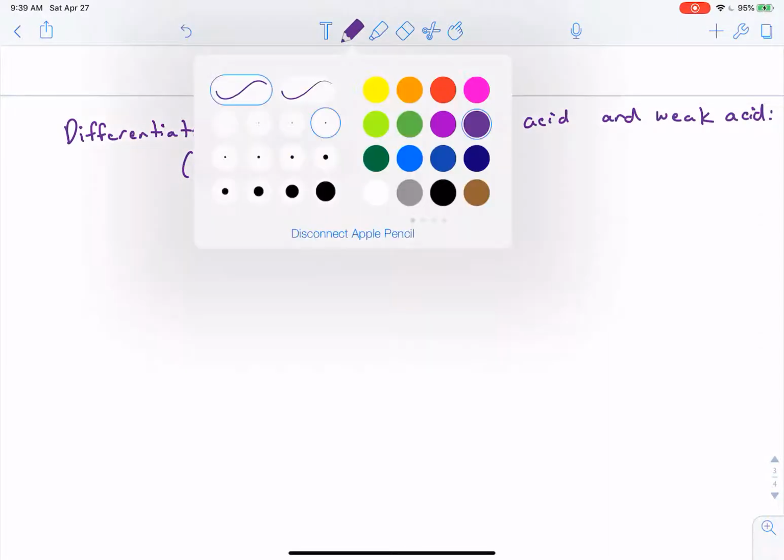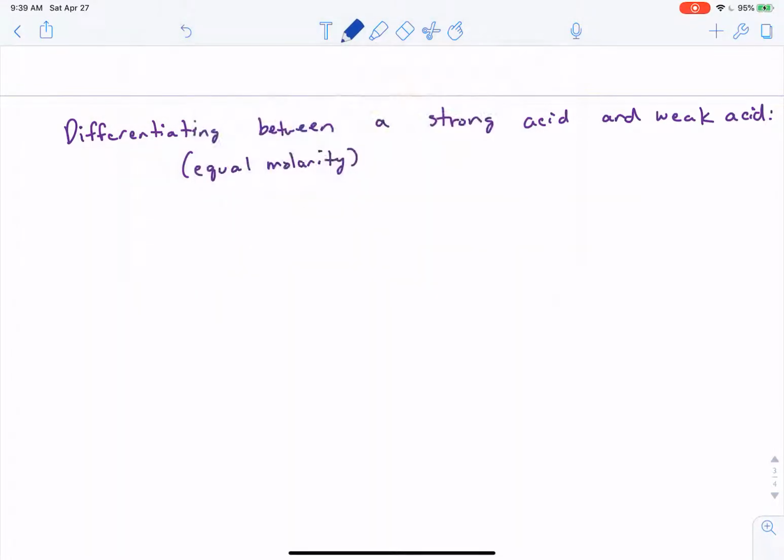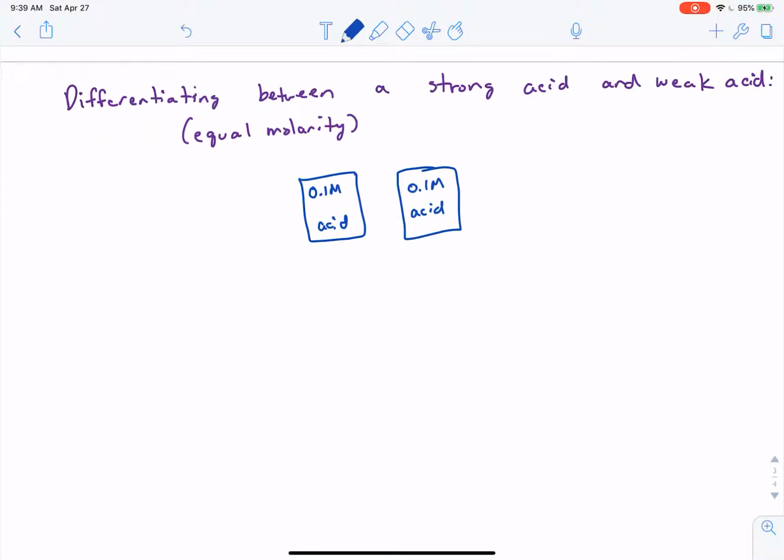Okay? And so if you have two beakers here of 0.1 molar acid and 0.1 molar acid, and what they usually say is other than pH, because they know that's the cop-out answer. Because if you measure the pH of the same molarity, your strong acid will be a lower pH because it dissociates more.